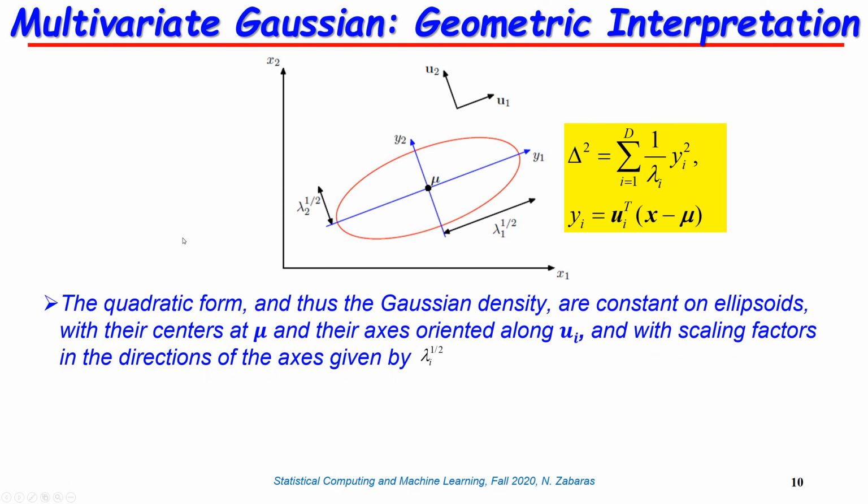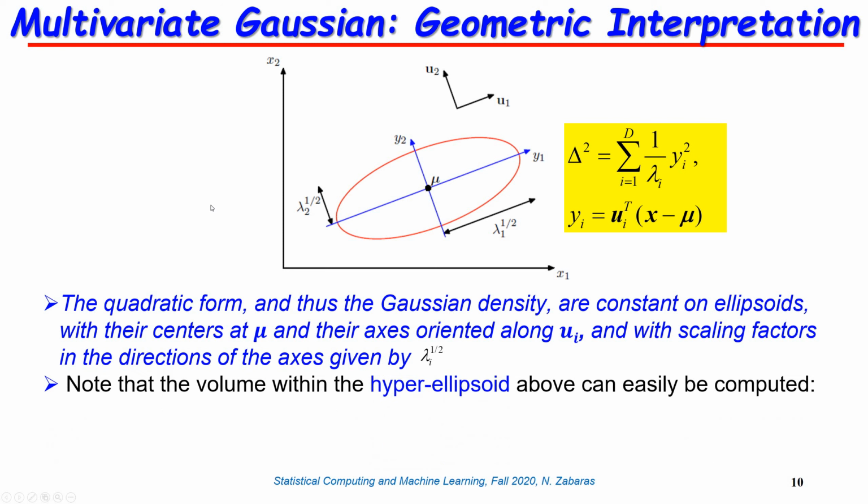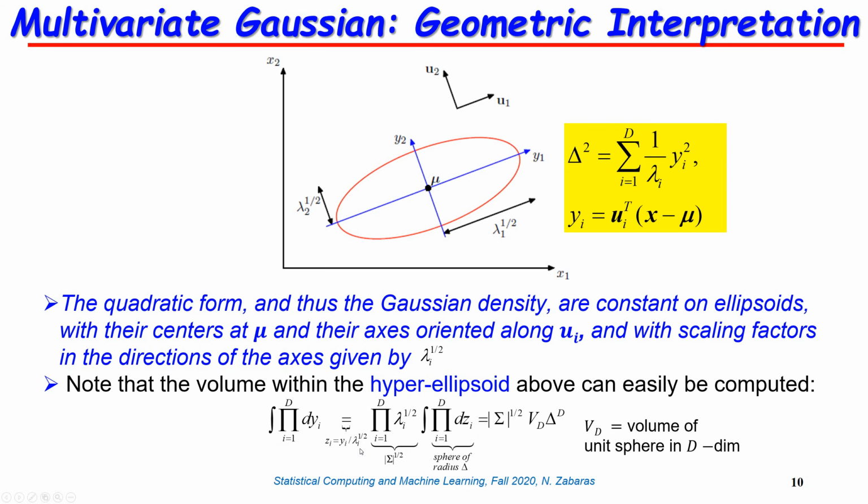Now you can actually do lots of fancy calculations, not just in 2 dimensions, but in high dimensions. So if somebody, for example, asks you what is the volume of a hyperellipsoid in d dimensions, you can do the calculation relatively easily.